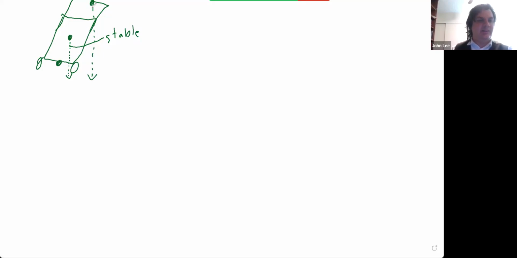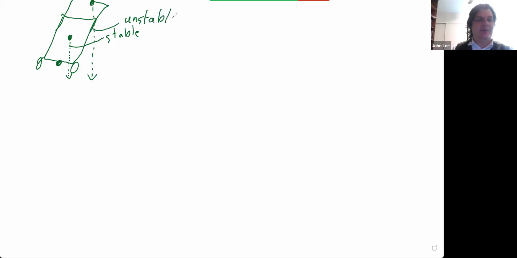So that torque is going to cause a pivot to the right, which means that it's going to tip over.